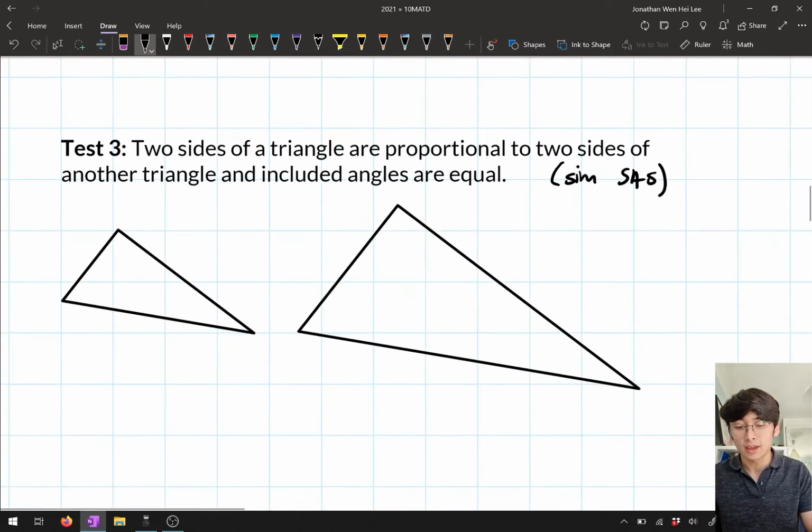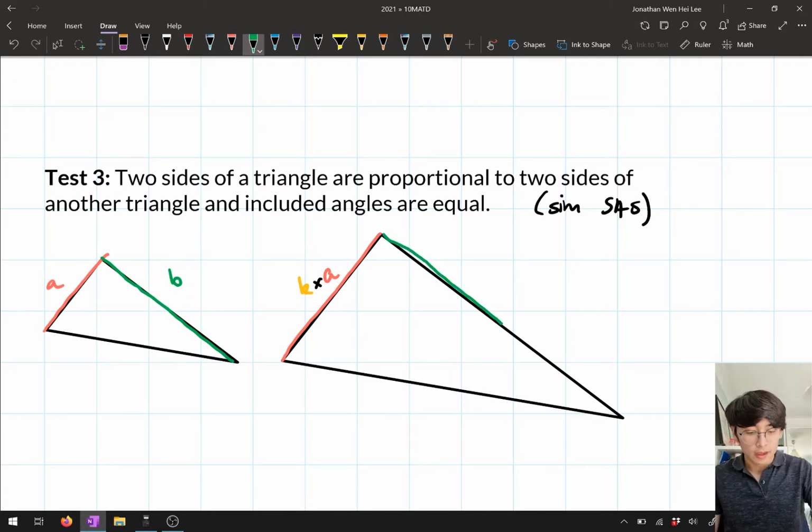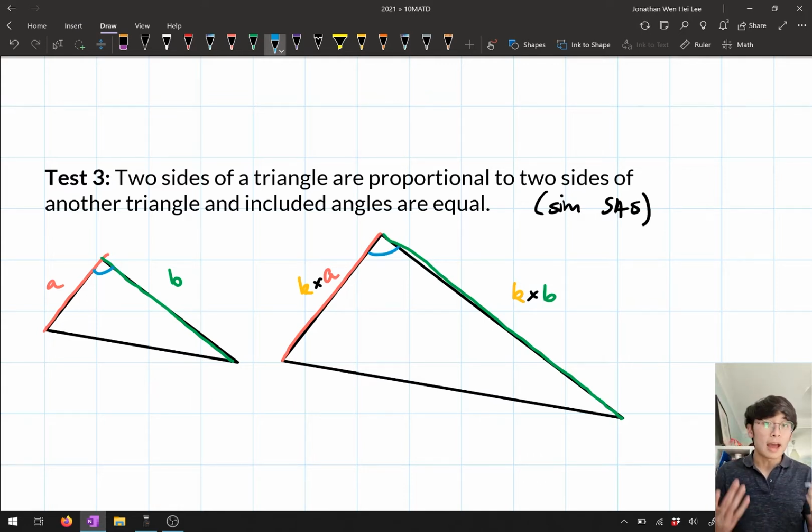So what this looks like is if I've got one side of my triangle, this one, A, and it's proportional to the matching side in my second triangle, for example K times A, I have another side, let's say B, and this second side had a length of K times B, and the angle that's inside here, if these 2 angles are equal, that means that my 2 triangles are similar.